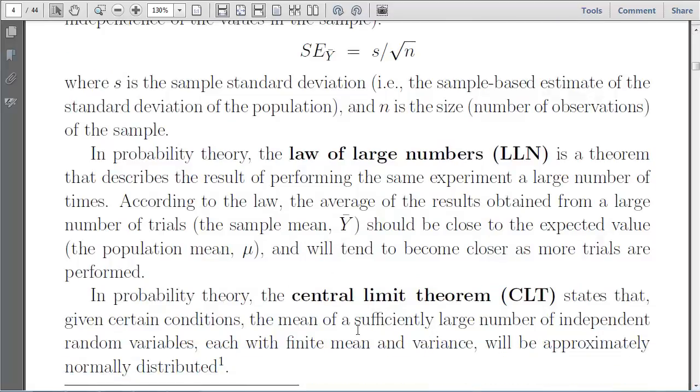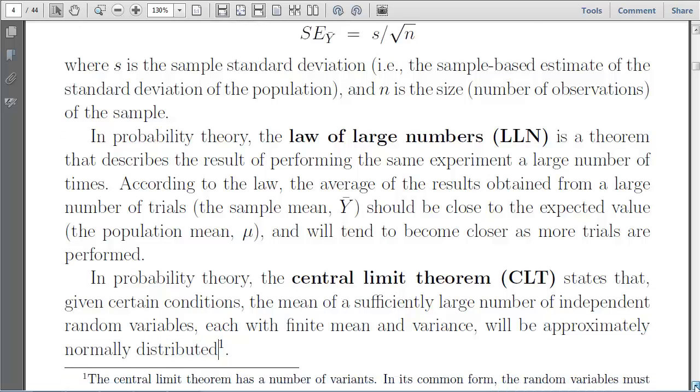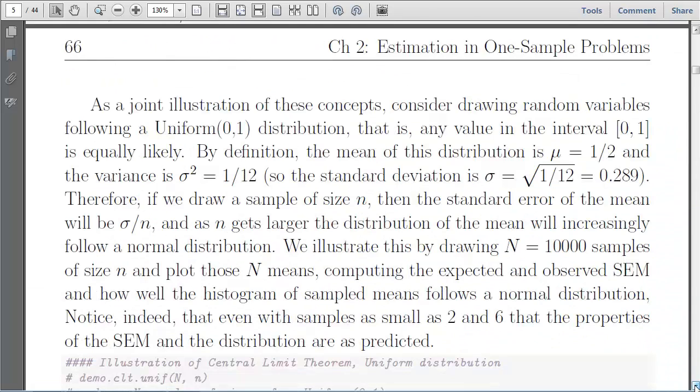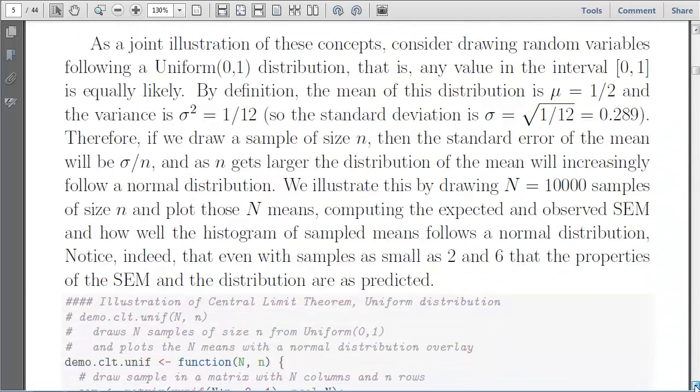So if you have a sufficiently large sample size, then the sampling distribution will be approximately normal. And this holds for the mean in particular, which is the main parameter or statistic that we care about. The next sections illustrate the central limit theorem in action.